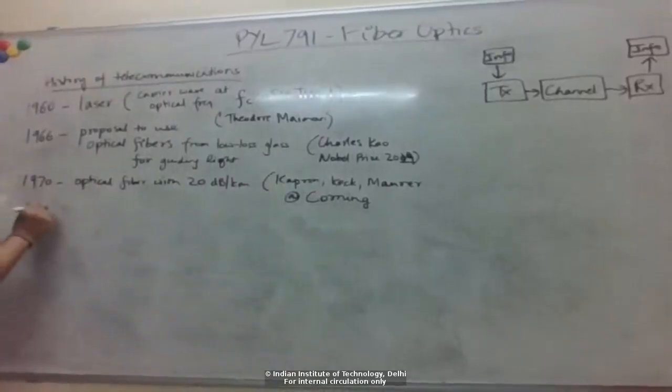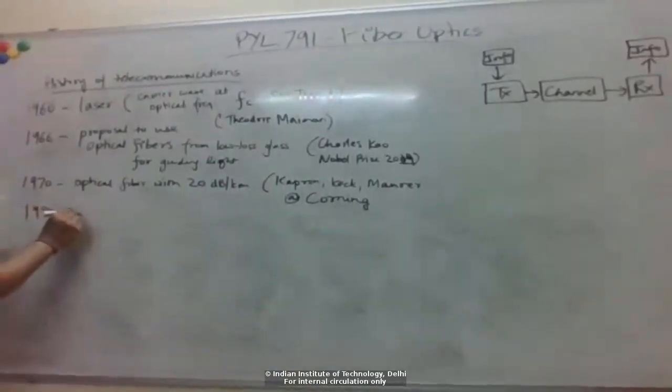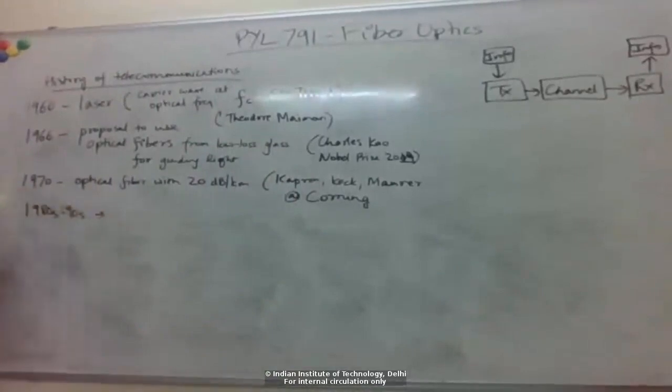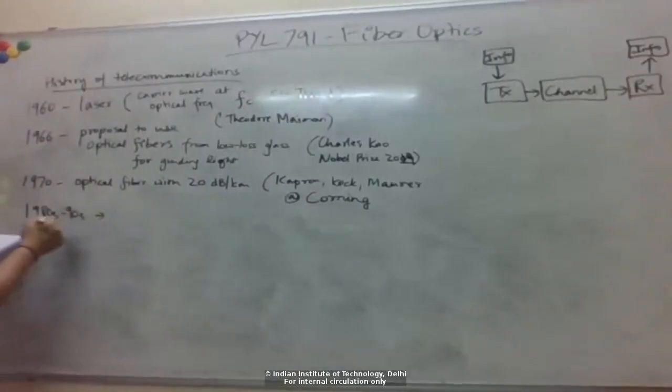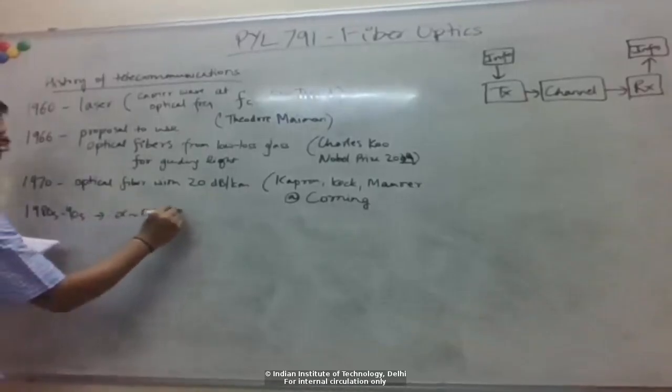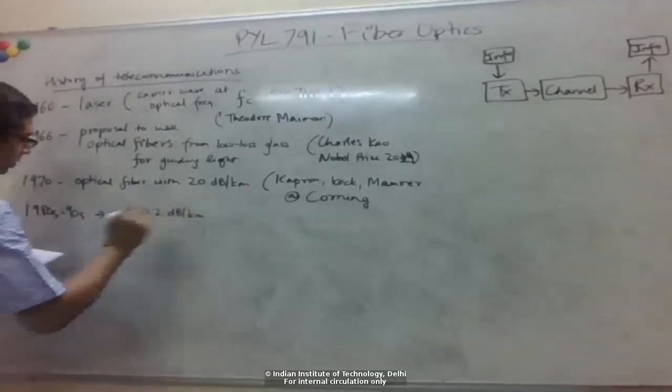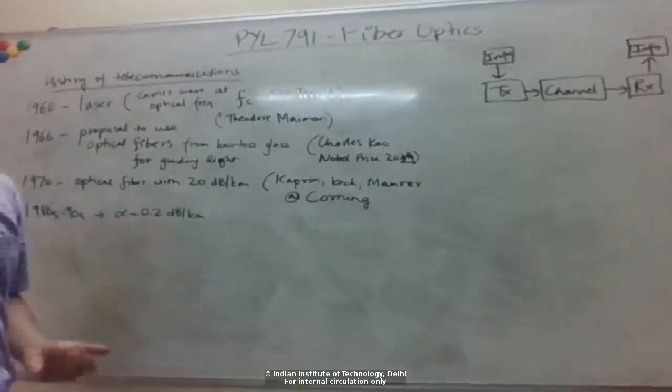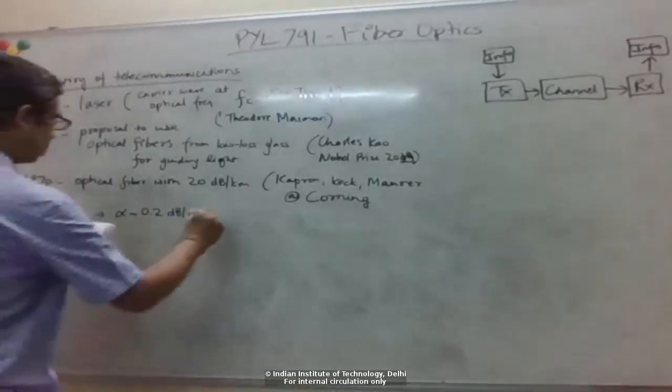Okay, and then over the next few years, people tried to improve the technology more and more, and in the late 80s, the loss reached 0.2 dB per kilometer, which is now almost at the theoretical limit.